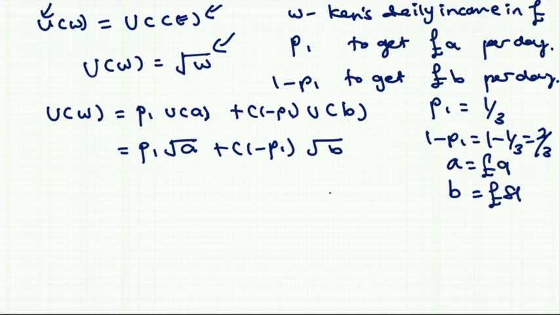So if you put it back into this utility function, the expected utility of the gamble, or the wealth here, you can have something like this. Okay, 9. I can also rewrite it this way, and this is simple maths. 1 minus P1, which is 2/3, times square root of B.